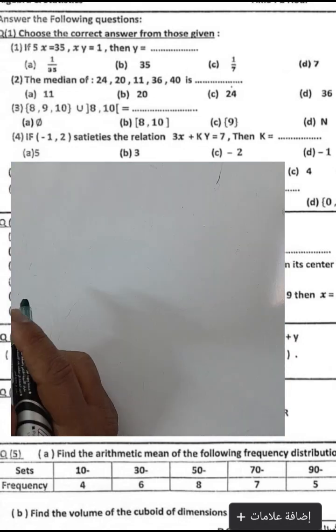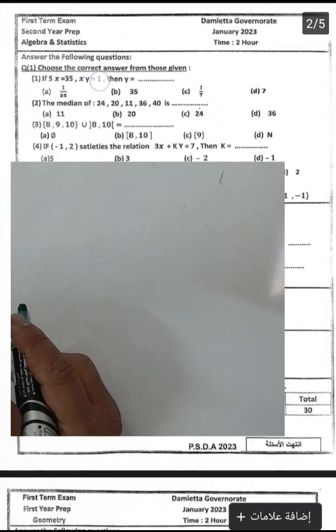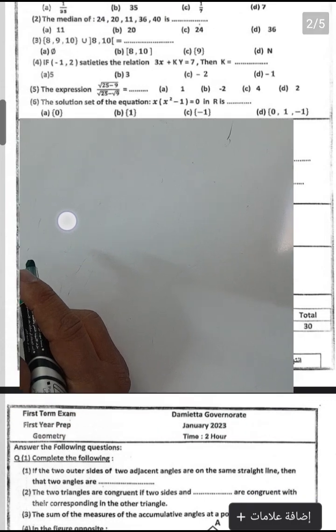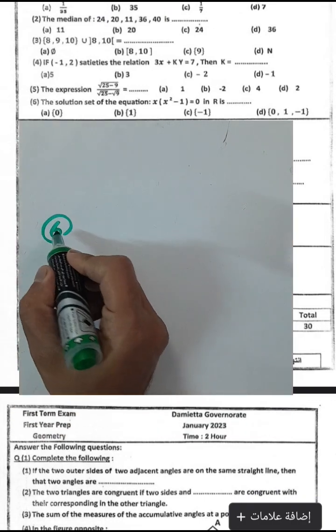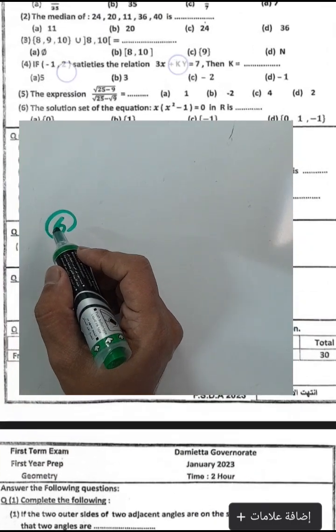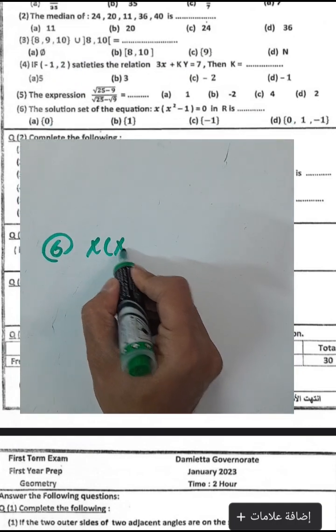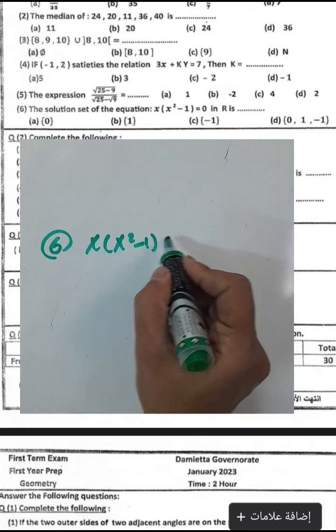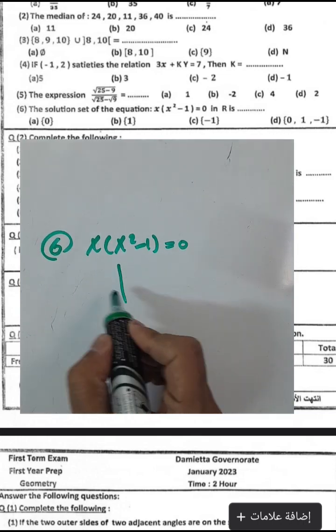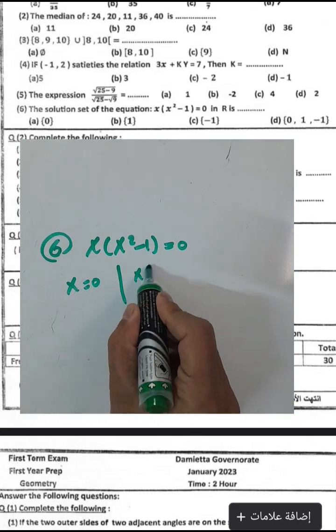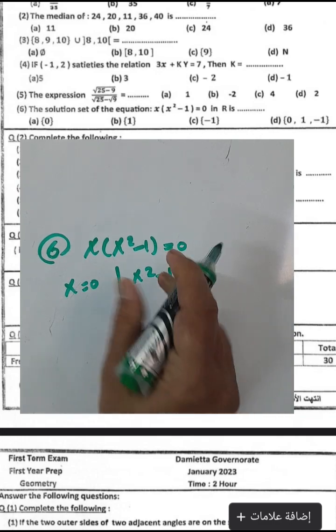Understood? Next question, number 6. The solution set of the equation x product by the difference between x power 2 and 1 equals 0 in R. We know if x equals 0 or x power 2 minus 1 equals 0, the product between them equals 0.